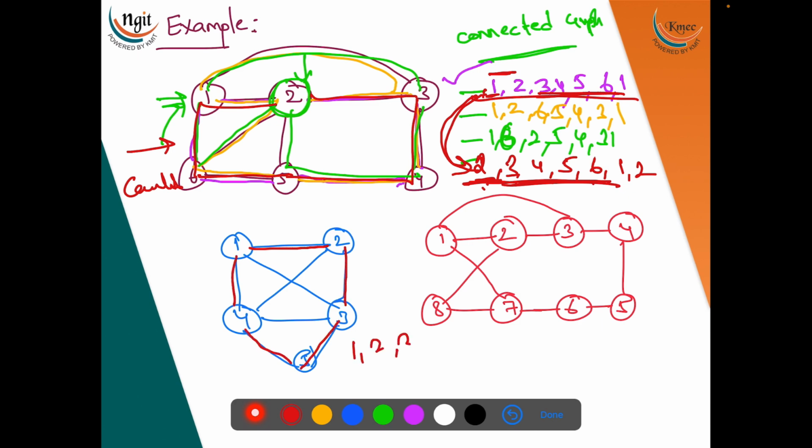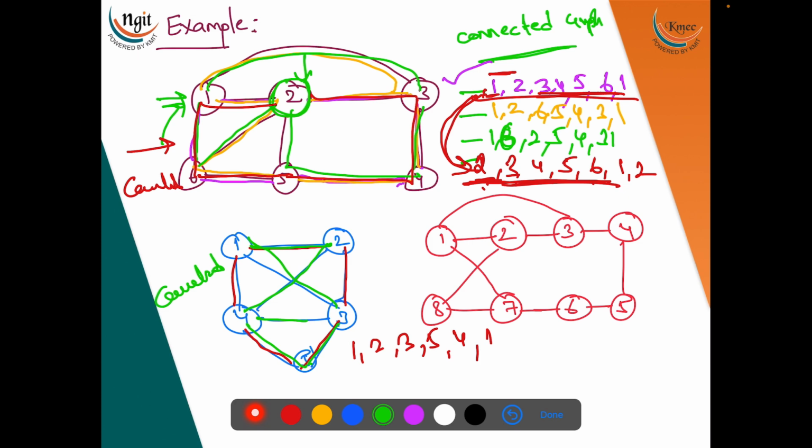Still, do you have any other chance? 1 to 2, 2 to 4, 4 to 5, 5 to 3, 3 to 1. This is also one of the Hamiltonian cycles. So, this is also a connected graph. You could see at least one Hamiltonian cycle, and at most you have n Hamiltonian cycles. Right?